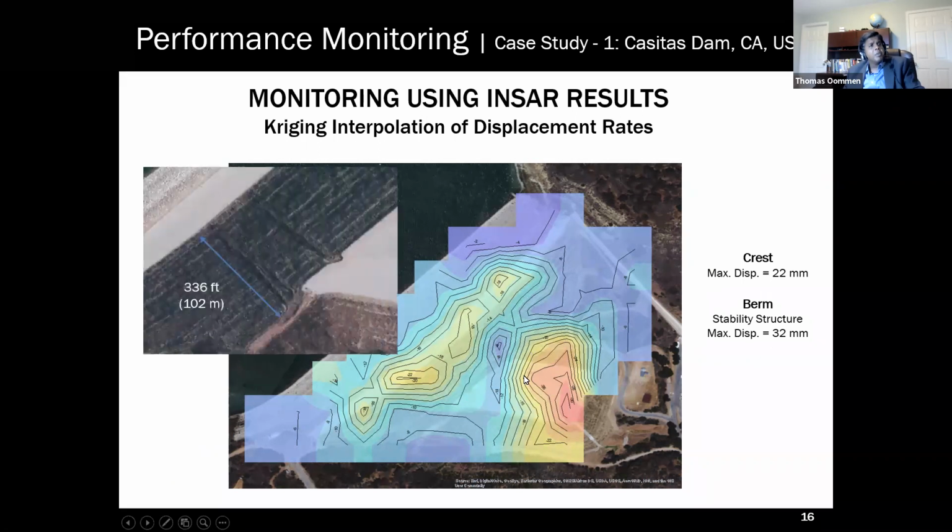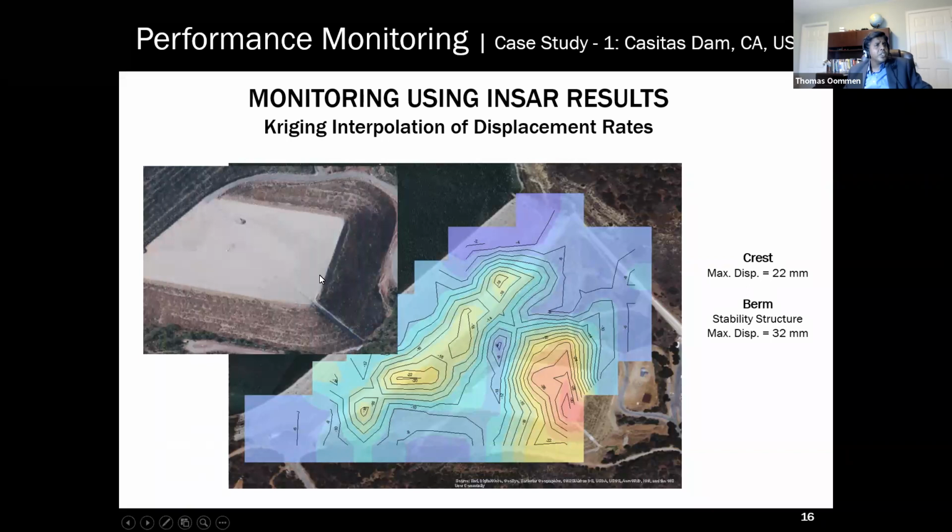If you look at the area closer, in the high resolution optical images we can clearly see that there are failures happening on the surface here. So these millimeter scale ground movements that we detected from InSAR correlated very well with what the ground is showing, because these movements are starting to express as failures on the dam.